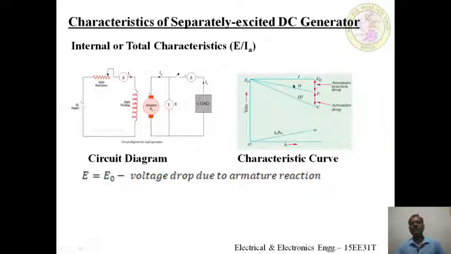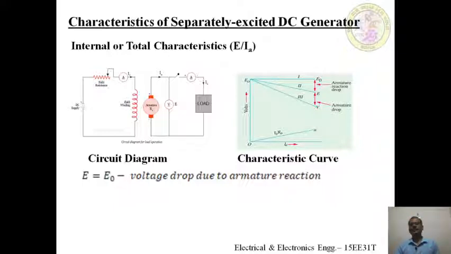But when the generator is loaded, the armature reaction drop increases as load current increases. Then, if you subtract from E0 the voltage drop due to armature reaction for different loads, we get E, that is the actual induced EMF in the armature at different loads.